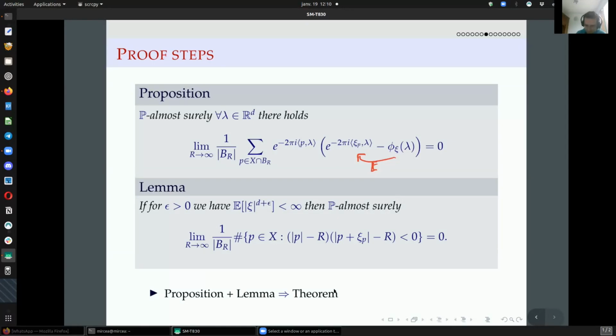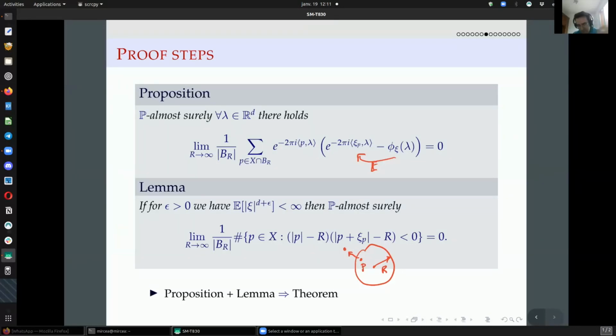And the other step is this, where you have again an average kind of quantity, and here I'm looking at points, let me make a drawing. I have here radius r. I'm looking for points such that either P is inside the ball of radius r and its perturbation is going outside, or vice versa. So I'm saying that the signs of the length of P minus r and the length of P plus its perturbation minus r are different.